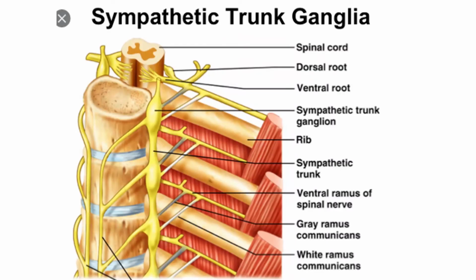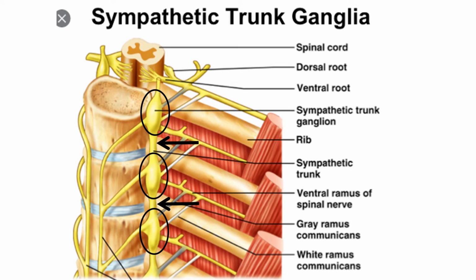This is a diagram of the vertebral column showing the paravertebral ganglia of the sympathetic trunk, and there is a connection between one ganglion and another. This is made by either the gray or white rami that will go up and down.